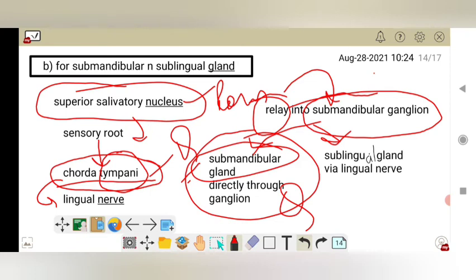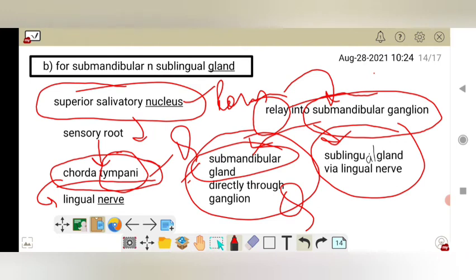And in the sublingual gland, the fibers come through the lingual nerve, relay in the submandibular ganglion, and then postganglionic fibers are taken by the sublingual nerve and supplied to the sublingual salivary gland.